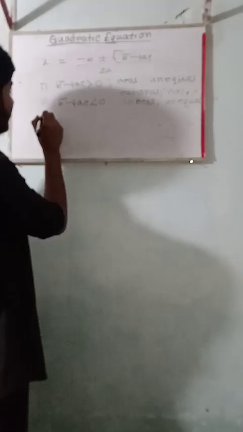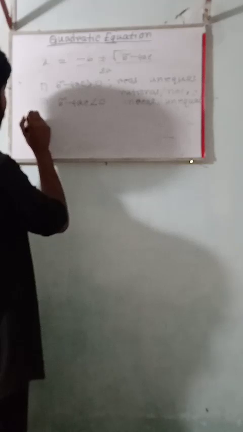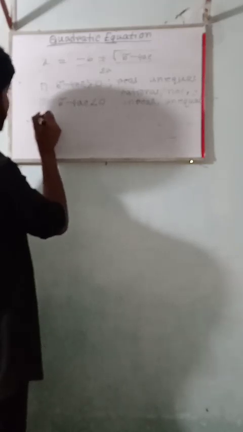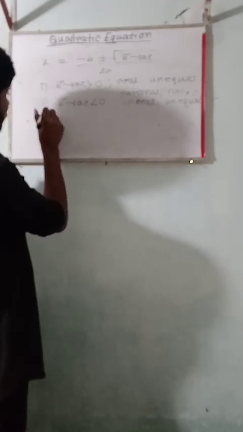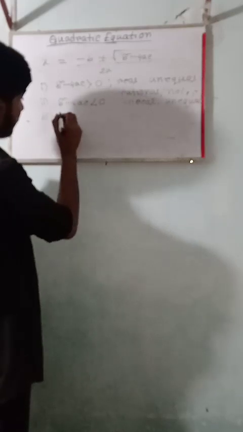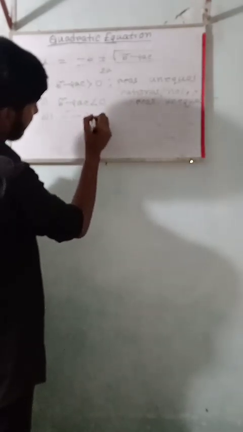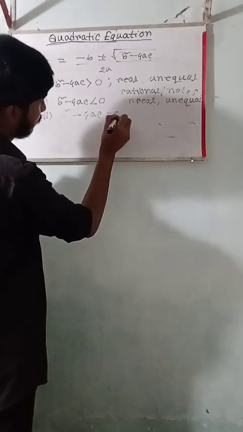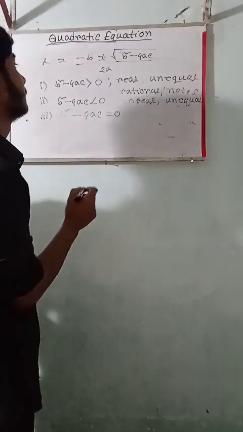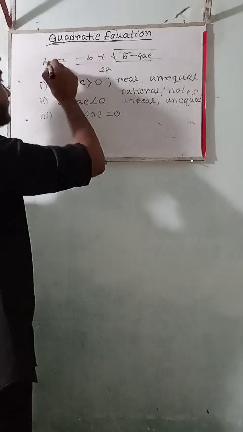But in case number 3, if b square minus 4ac is equal to 0, then the property of x will be real.